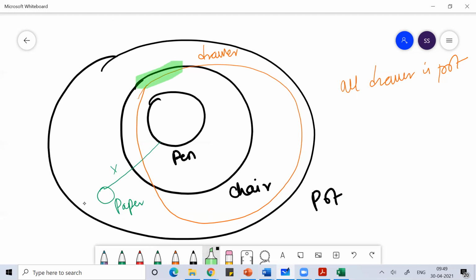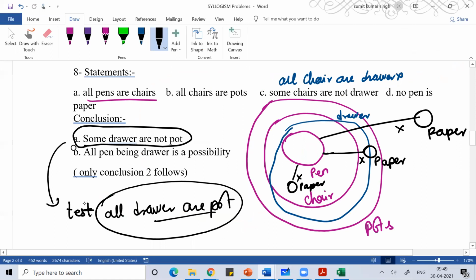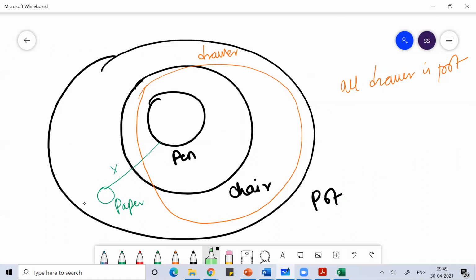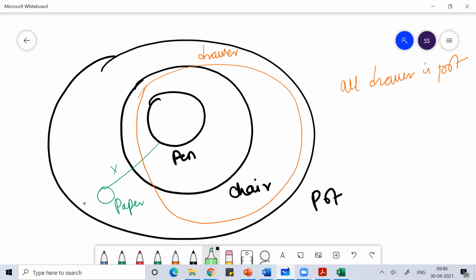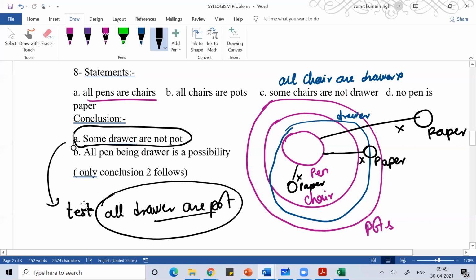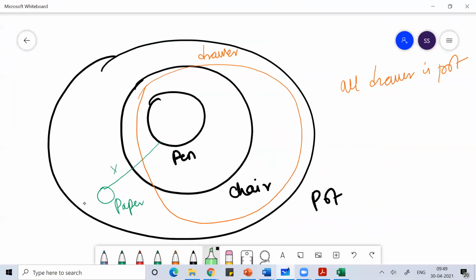You can see these chairs are not drawer. Then no pen is paper, yes. Anywhere did you find that the diagram I have drawn violates any statement? Everything is correct.